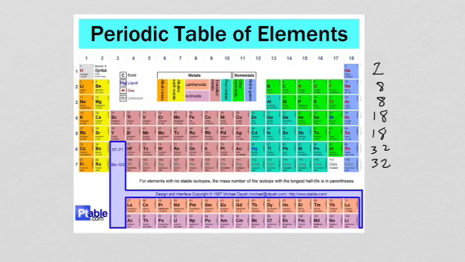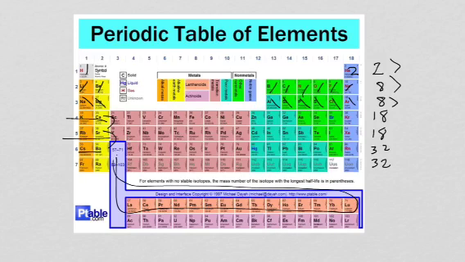So in the first period, we've got 1, 2 elements, maximum number 2 electrons. In the second one, we've got 1, 2, 3, 4, 5, 6, 7, 8. 8 electrons. In the third, 1, 2, 3, 4, 5, 6, 7, 8. 8 electrons. If you count here, you will get 18. Here, you will get 18. If you count these guys, all of these guys, and all of these guys, you will get 32. That is how we know how many electrons go on each orbit.